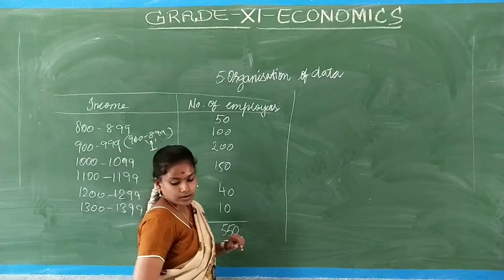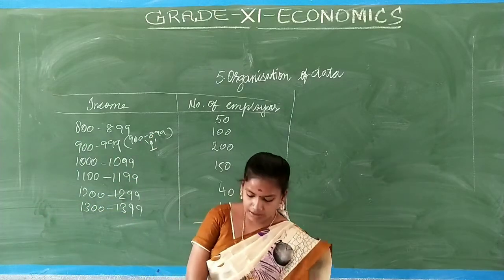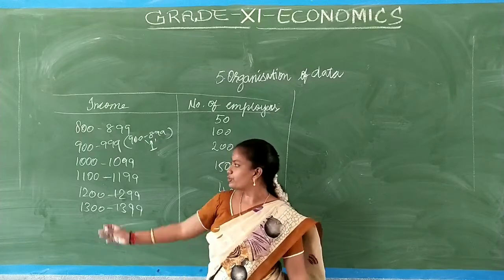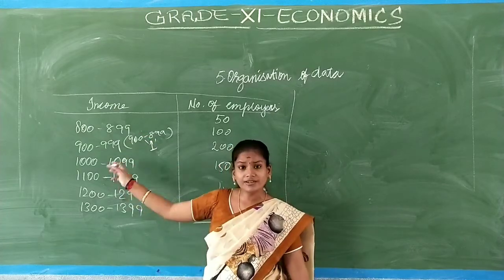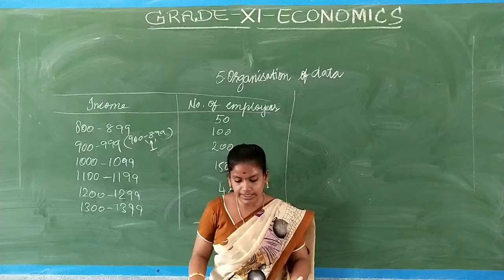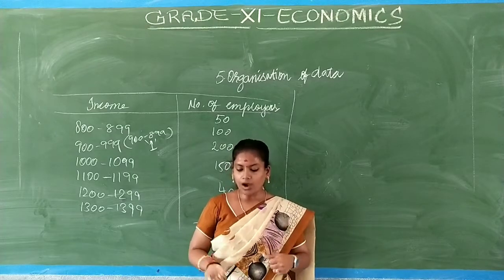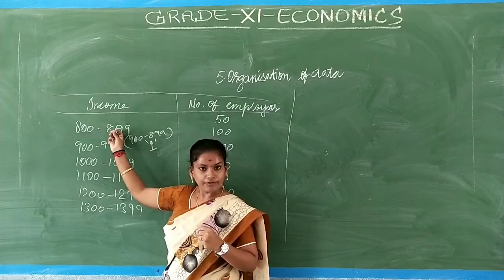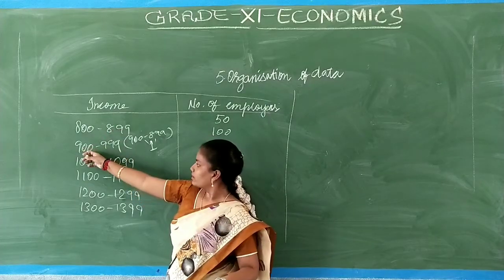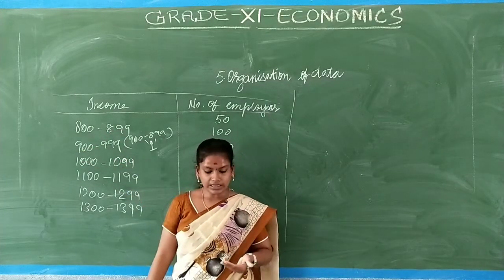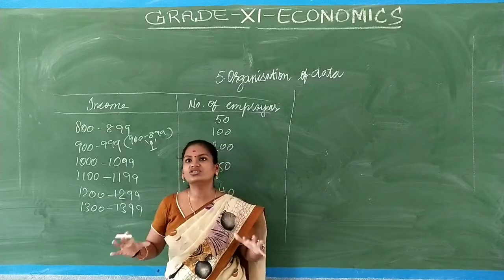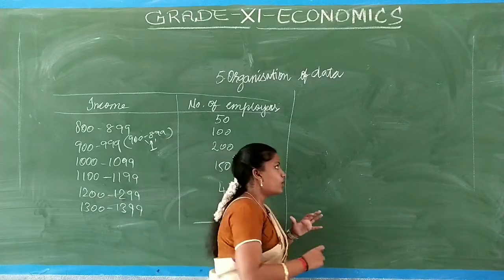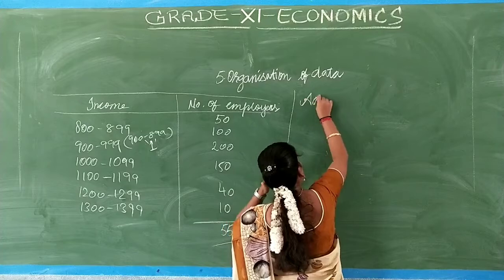We find a gap or discontinuity. It is not the same number, it is a different number. So how are we going to adjust it is what we are going to do.